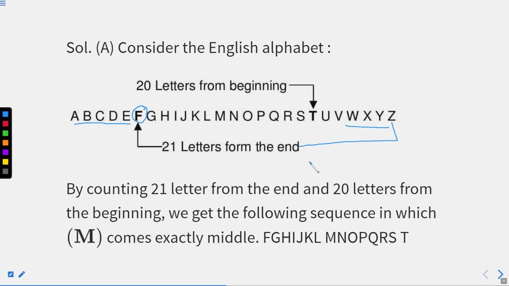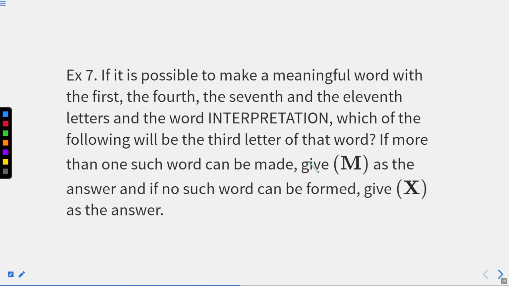Now we'll move to the next question and understand some more concepts. Here, question number 7 comes with a different kind of problem. To understand the problem, first we need to read the question carefully. So the question says, if it is possible to make a meaningful word with the first, just mark it, first, 4th, 7th and the 11th letter of the word.